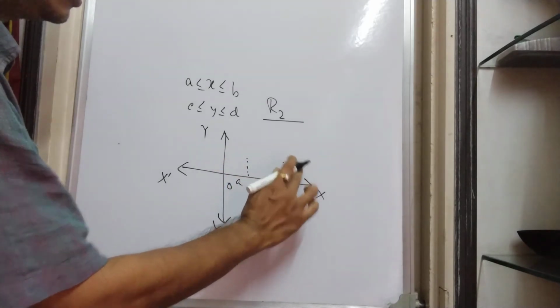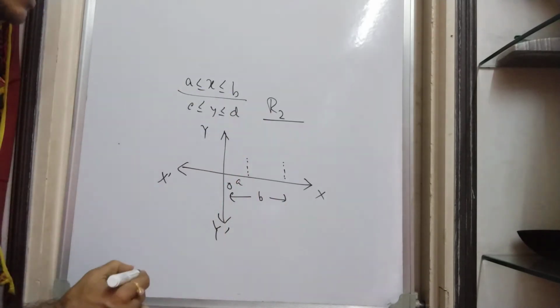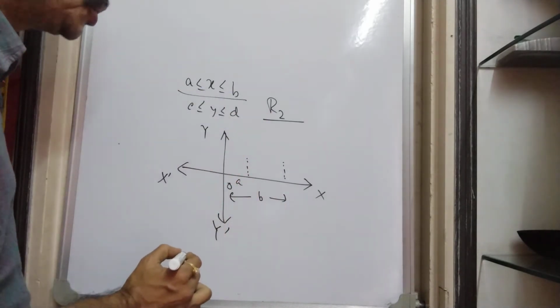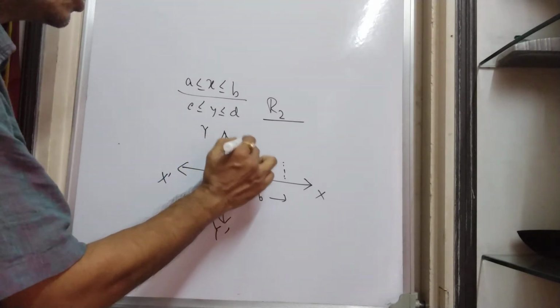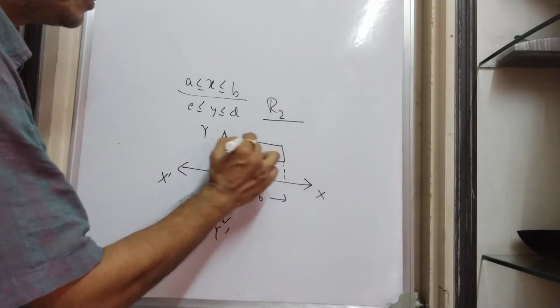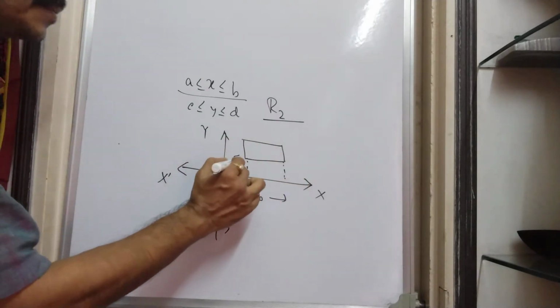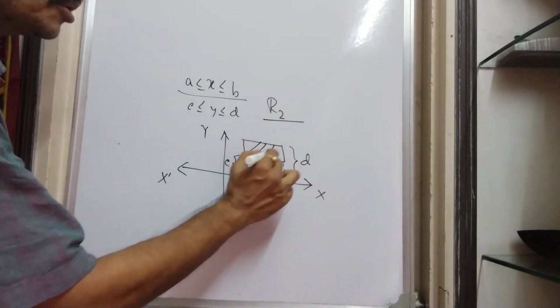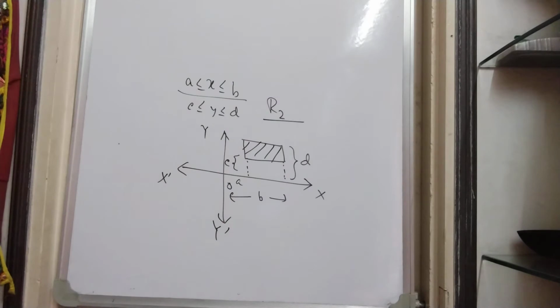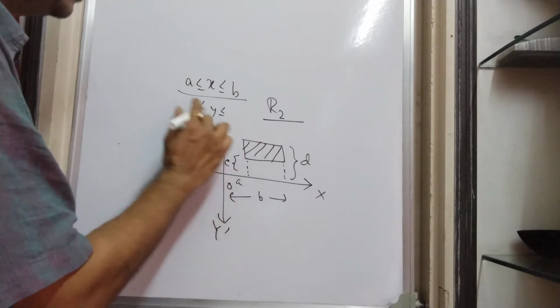So we have this type of rectangular neighborhood. If we choose a square neighborhood, then it becomes the same limit.